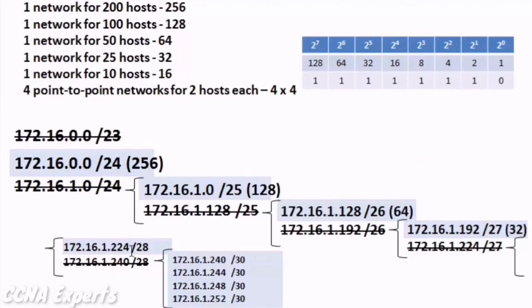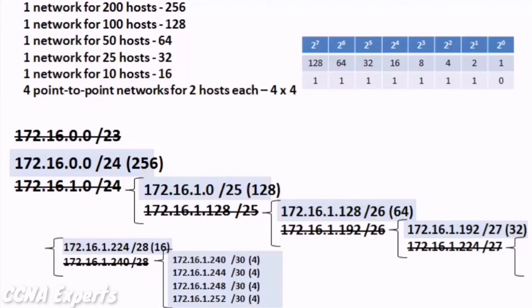The 224/28 is a 16-host subnet, and then the last 4 subnets, /30 each, 240, 244, 248, and 252, are good for 4 hosts each. Once again, these sizes do not reflect the usable hosts in each subnet, but the total number of addresses in the host portion. For usable host addresses, you need to subtract 2 from each subnet.